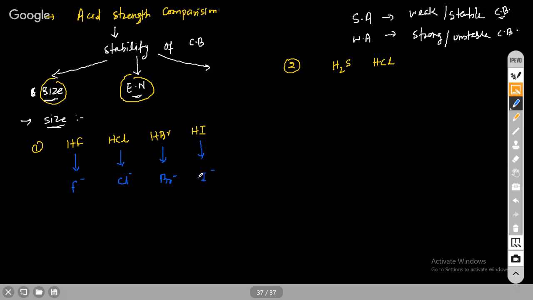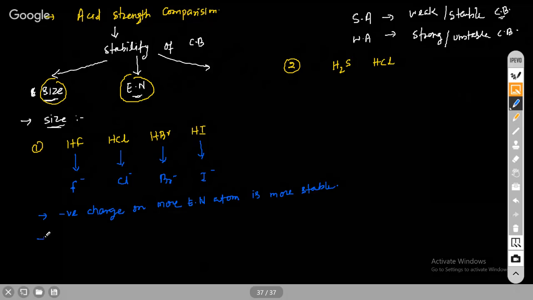Now if you check the stability of these compounds, for any anion, the negative charge, there are two factors we have here. The first is: negative charge on a more electronegative atom is more stable.